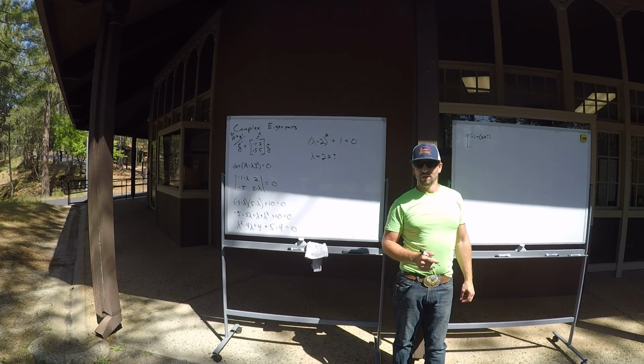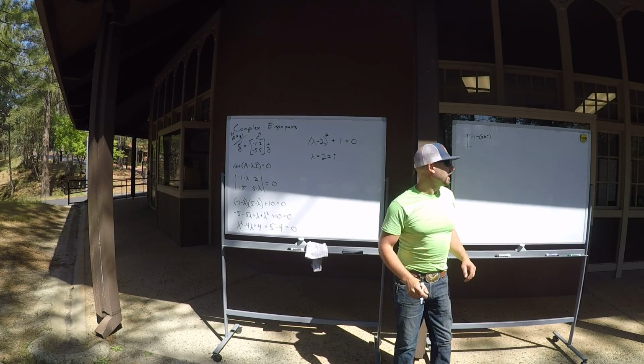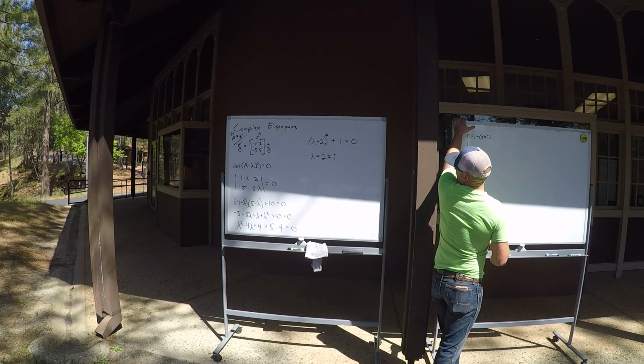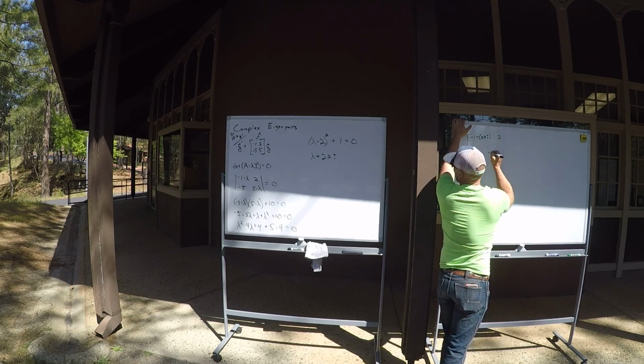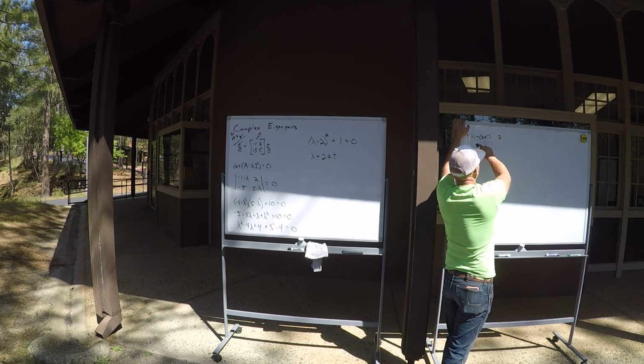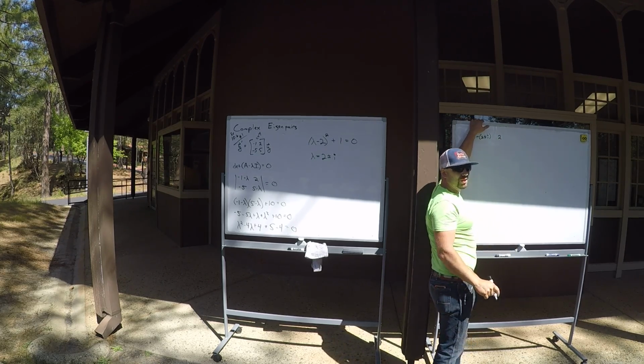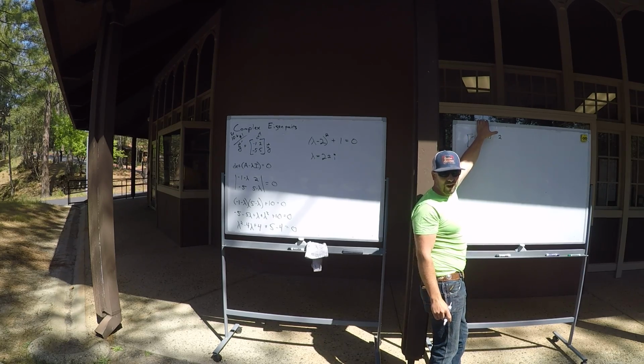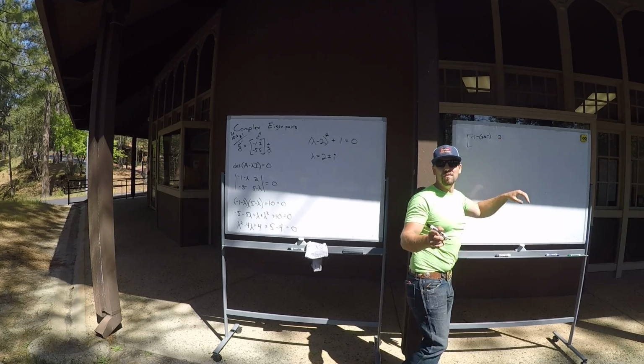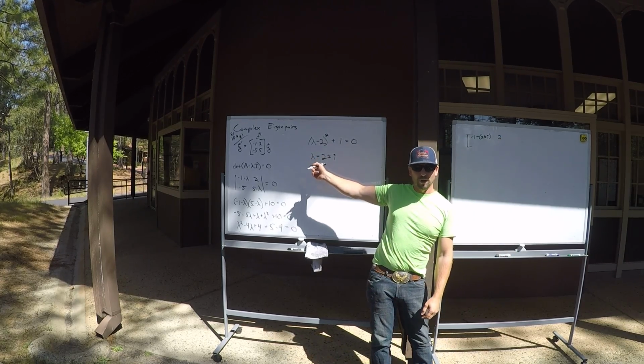That saves a little ink. Then I've got a 2 up here, and it doesn't actually matter what the second row is, because I made this matrix singular on purpose.